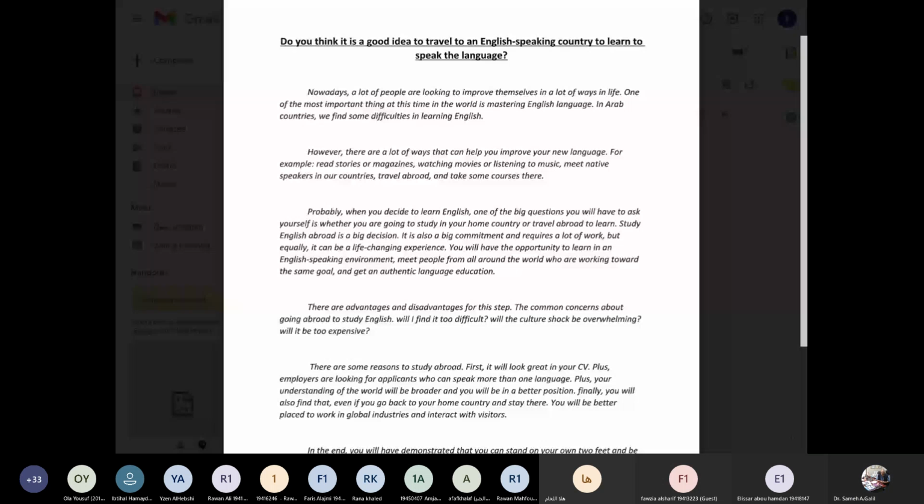It can be swapping. She can get your essay to revise and proofread, and you can also revise and edit her essay, right?